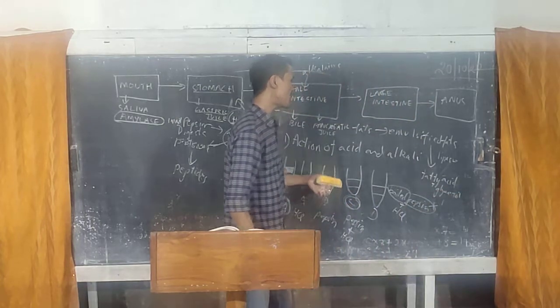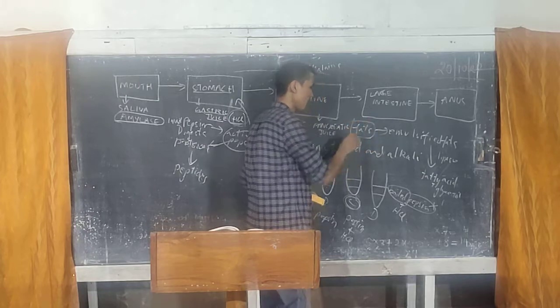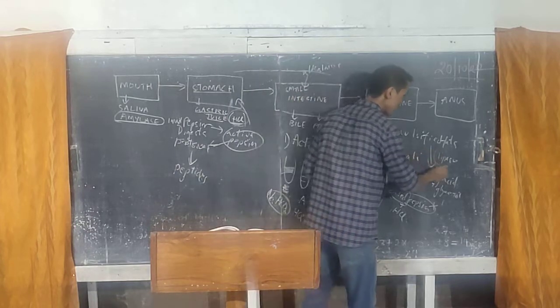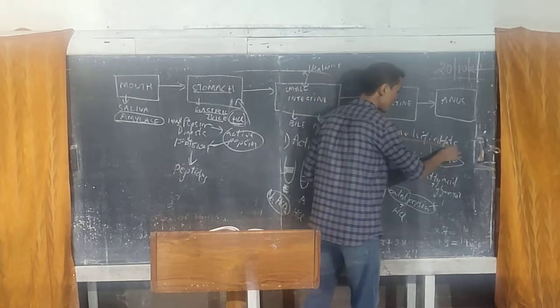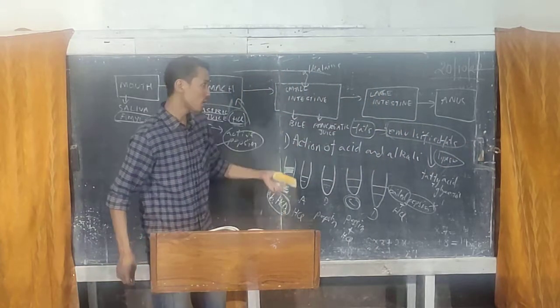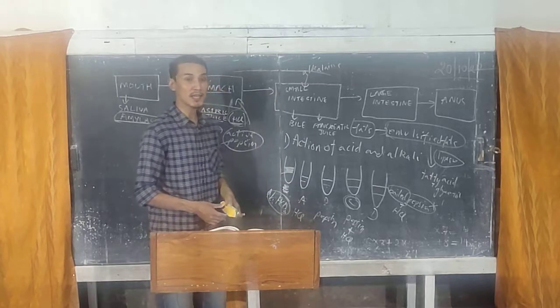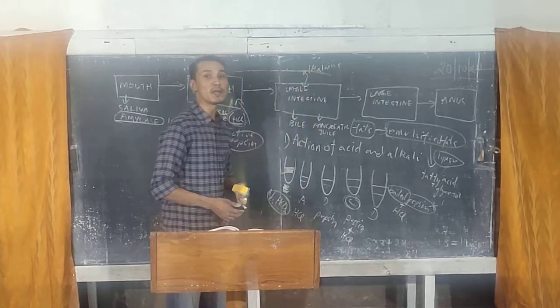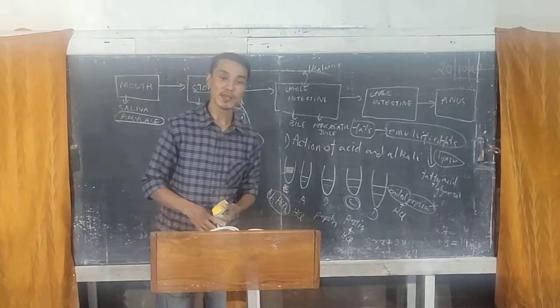So basically fats on their own cannot be digested by the enzyme lipase. They have to get converted into emulsified fats, and emulsified fat conversion is only possible when the food becomes alkaline, and this alkaline condition occurs in the small intestine. So this is the end of the experiments.